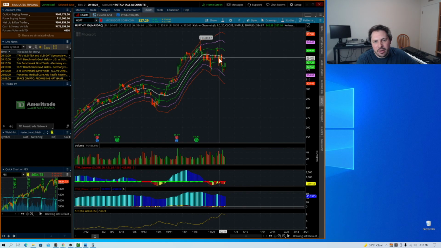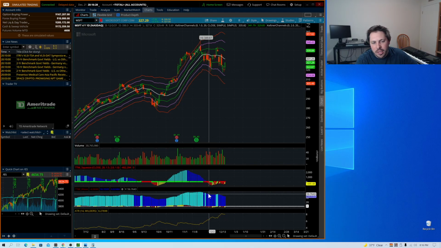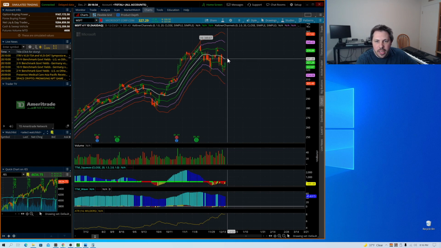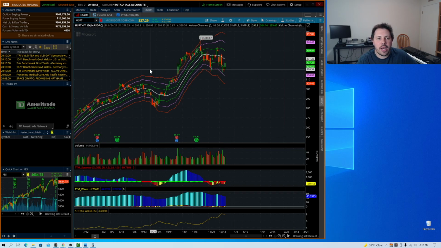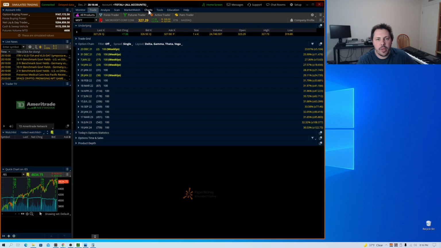But again, Microsoft is squeezing here. It looks like the squeeze is happening, but the momentum of the wave is above zero. So a lot of the time when you see this, it will end up squeezing and then coming up here and making a new high.